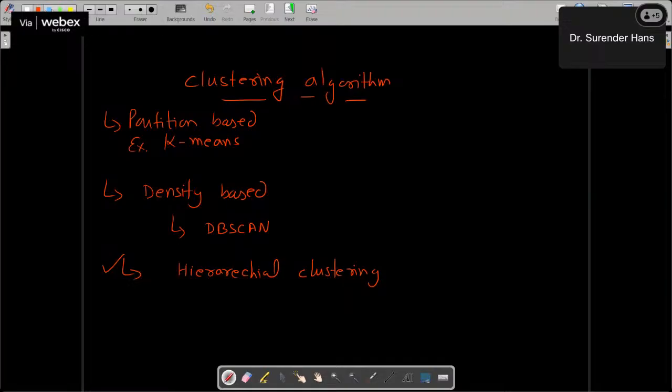As per the definition, hierarchical clustering is a method of cluster analysis used in data mining. It seeks to build a hierarchy of clusters in a step-by-step manner.